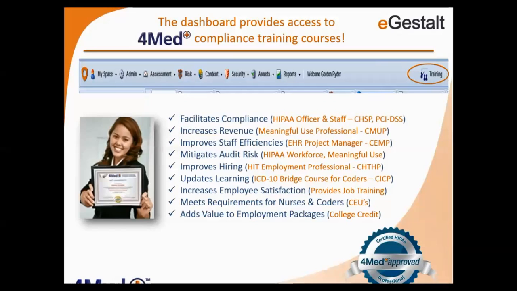It can help mitigate audit risk by training your workforce, which is a requirement of HIPAA. It updates learning on things like ICD-10. It provides job training, so it can be a benefit to your employees. We also have CEUs for nurses and coders from AHIMA and ANCC. And it adds value to employees' training programs because we do provide college credit associated with all the courses as well.